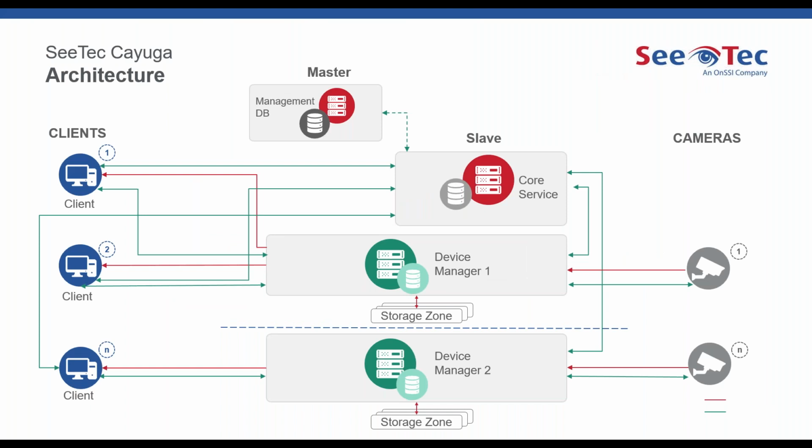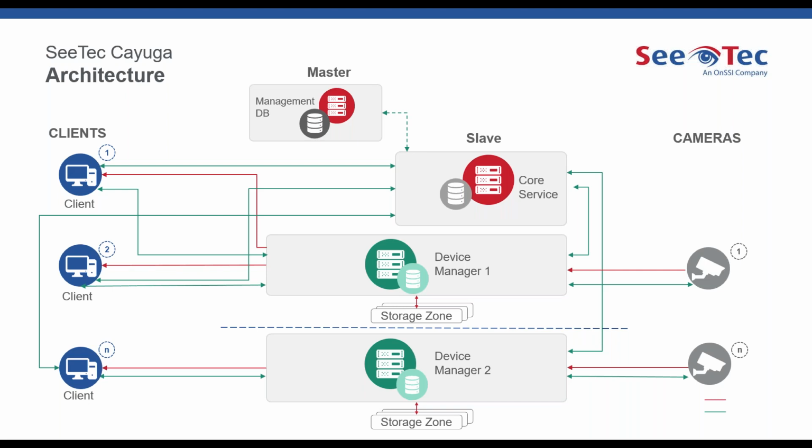Now, as the system grows and gets larger, we may end up with multiple CSSs, or what we call core service slaves, and that will vary depending on whether it's a single site or multi-site.